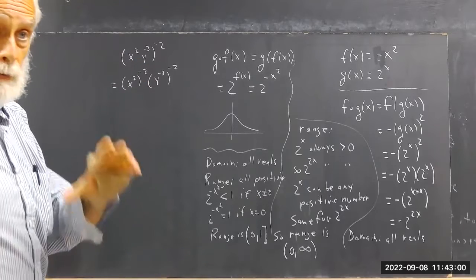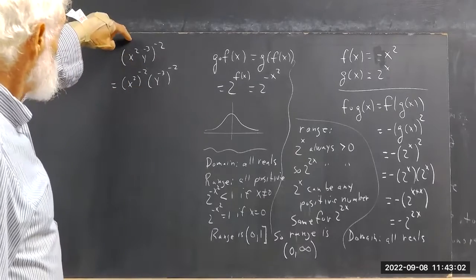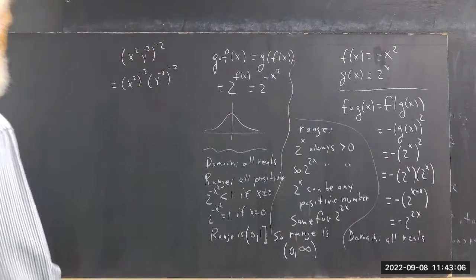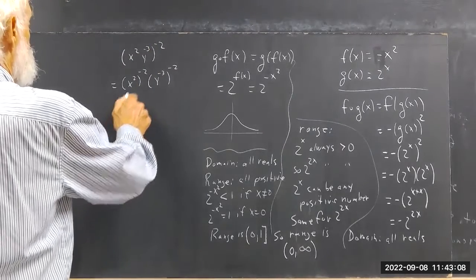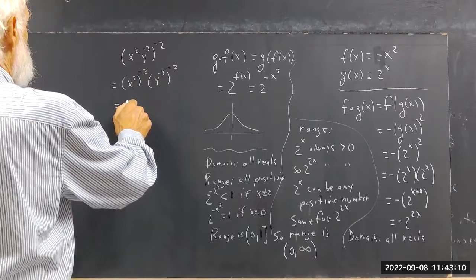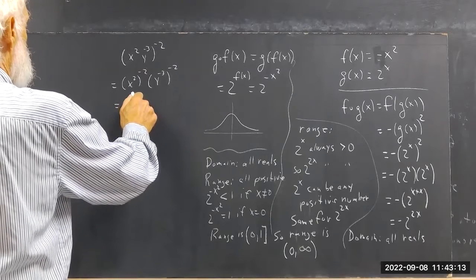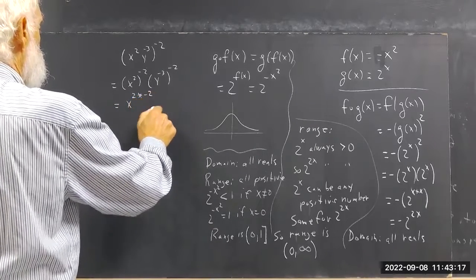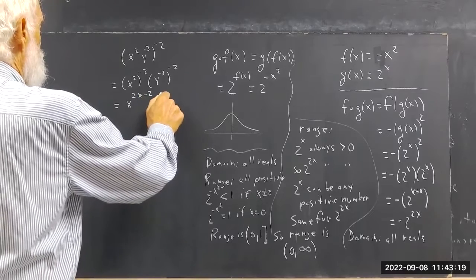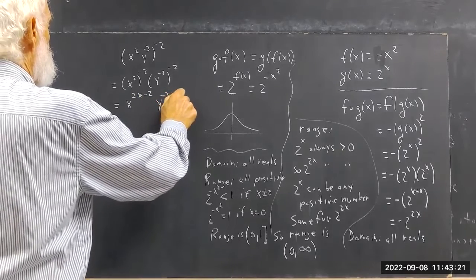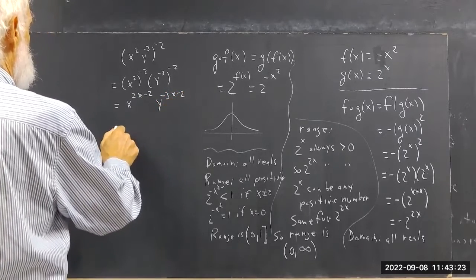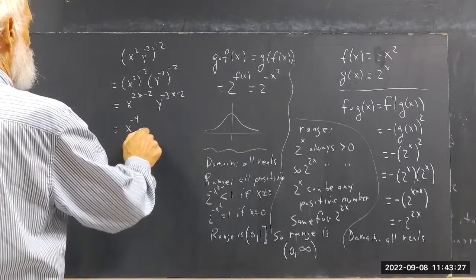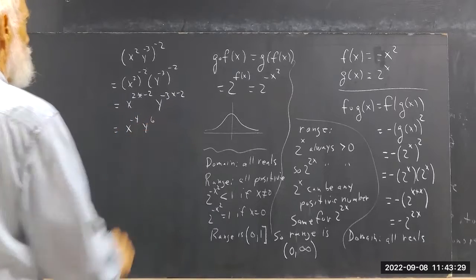So this first rule tells you that you get this. Then x squared to the negative 2 is x raised to the 2 times negative 2, and y to the negative 3 times negative 2. That gives you x to the negative 4, y to the 6.